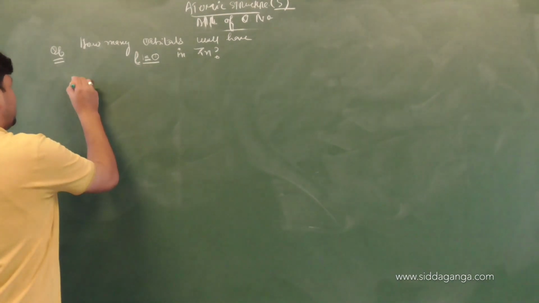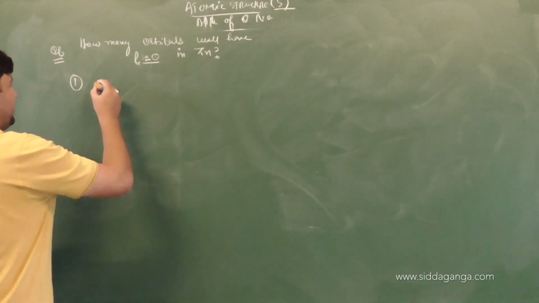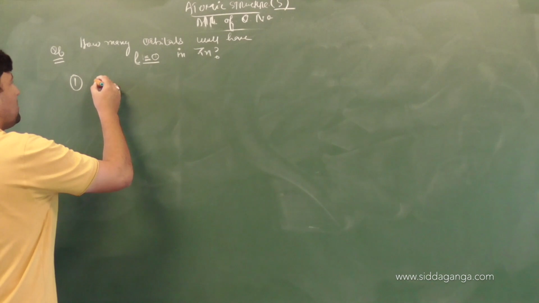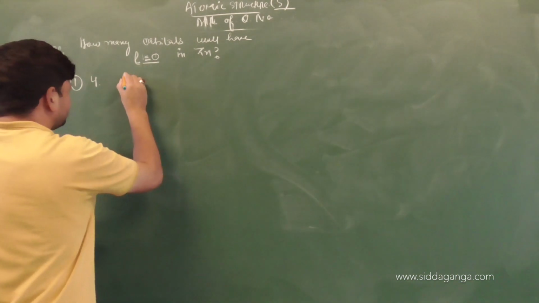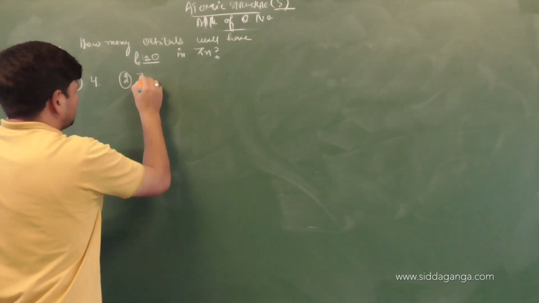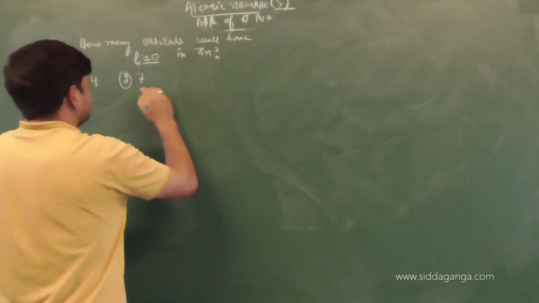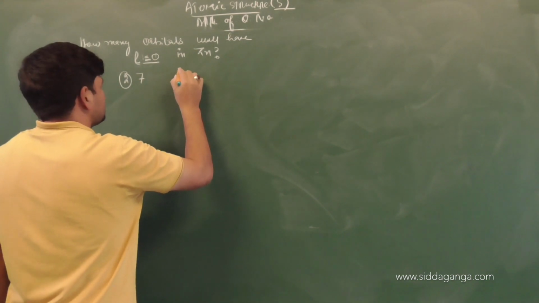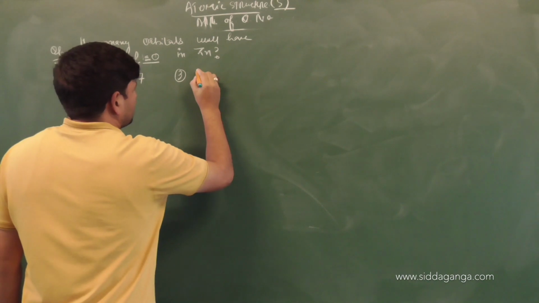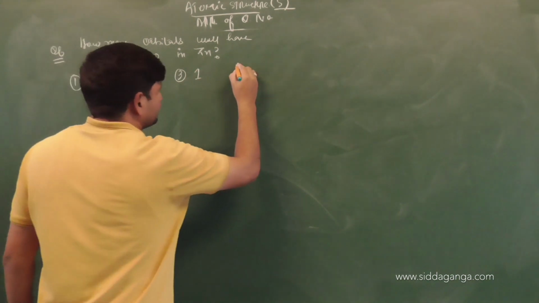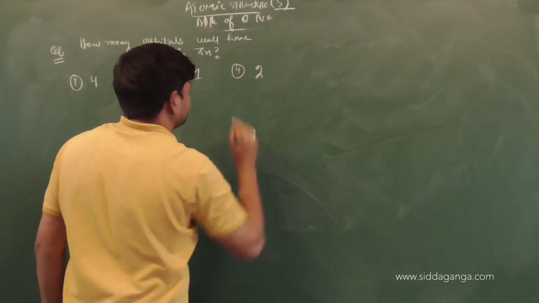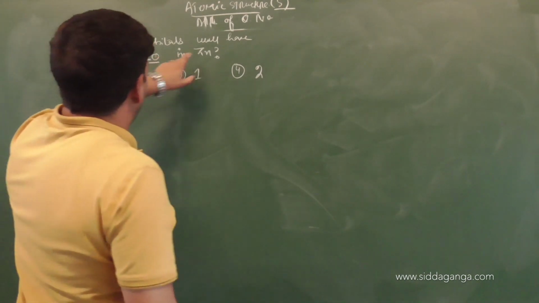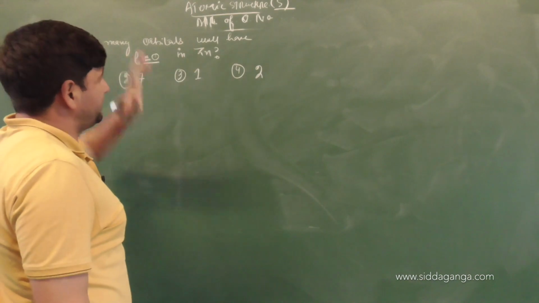Now the options for this are, so you can write down, 4, 7, 1, 2. How many orbitals will have L value equal to 0 in zinc?